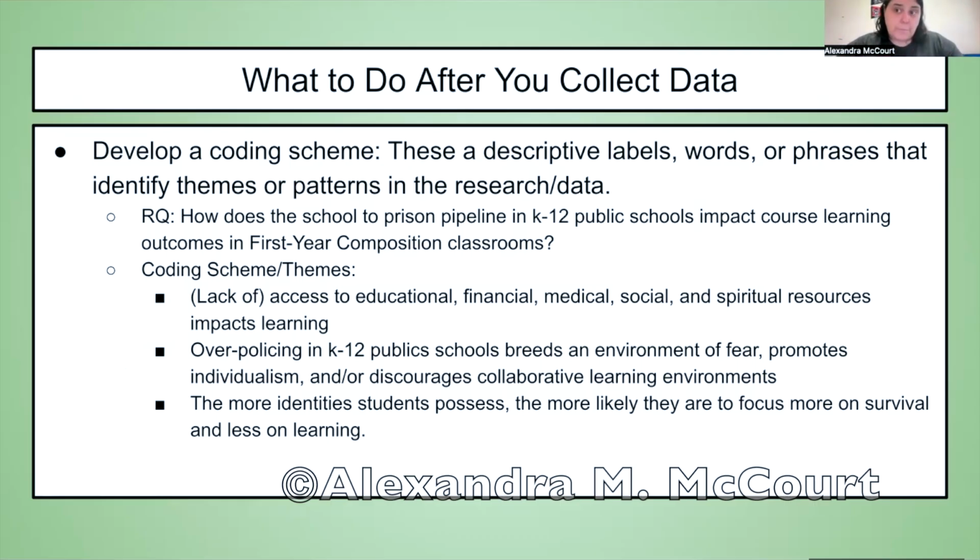My coding scheme, based off of this question, or the themes that I'm looking at might be: lack of access to educational, financial, medical, social, and spiritual resources impacts learning. Over-policing in K through 12 public schools breeds an environment of fear, promotes individualism, and/or discourages collaborative learning environments. The more identities students possess, the more likely they are to focus on survival and less on learning.